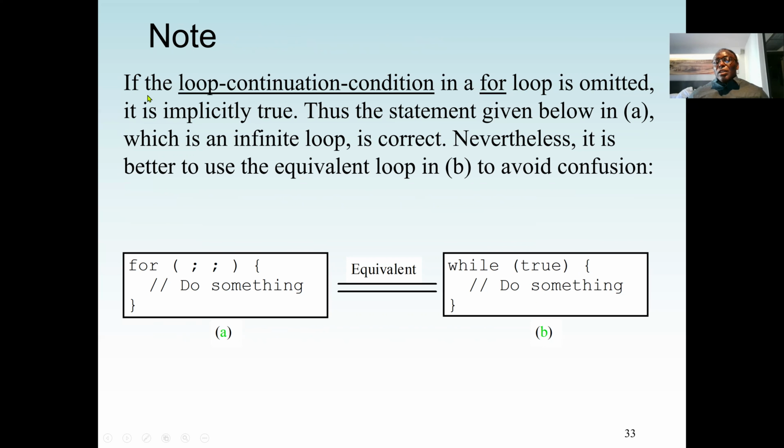So here we say that if the loop continuation condition in a for loop is omitted, it is implicitly true. Thus, the statement given below in A is an infinite loop, which is correct because it will always be true. It won't stop. Same thing with B. It's always true. Infinite.